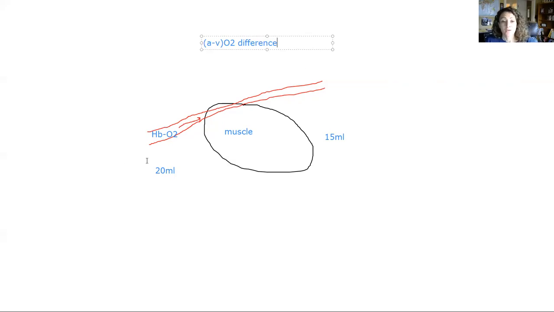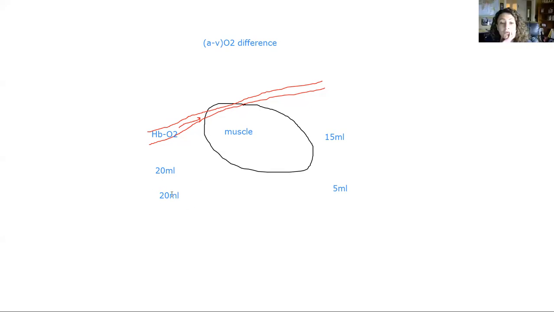Okay, so the oxygen content coming in we look at as staying the same, but there's only 5 milliliters coming out. How much oxygen did the muscle consume? 15 milliliters.